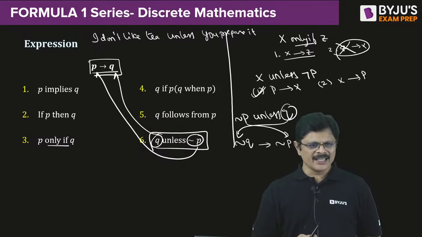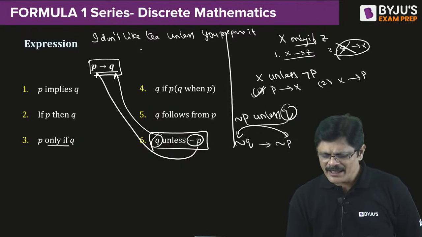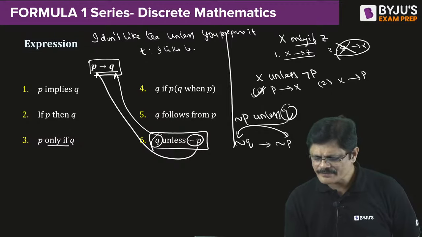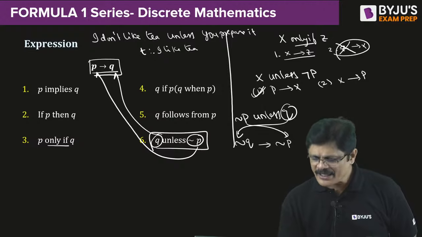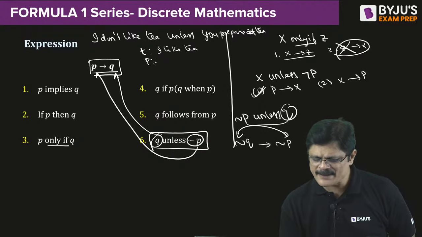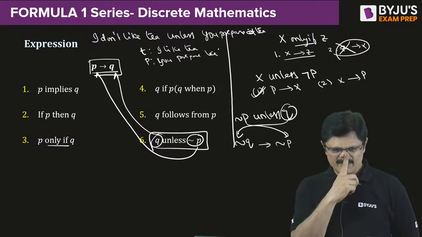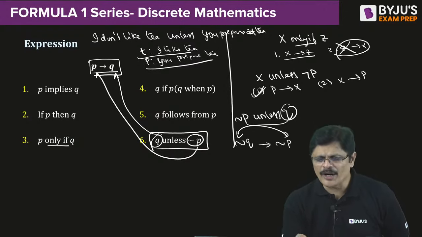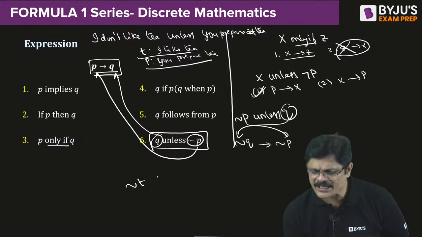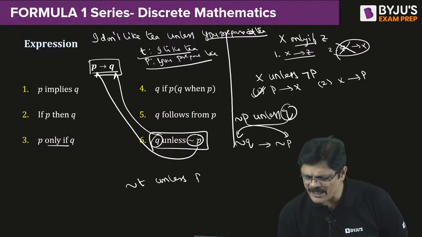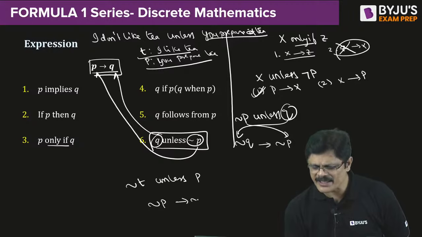Here "I like tea" is T, and "you prepare tea" is P. So "I don't like tea" means negation T, unless you prepare tea, P. So what is it? Negation P implies negation T.